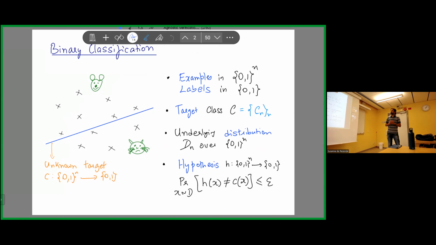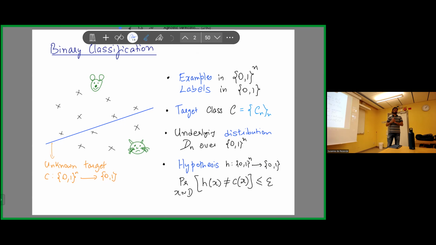And so there is an unknown target. In this case, the target class is the class of hyperplanes, and there is an unknown target which classifies the underlying data set as 0 or 1. Now the learning task is such that you're given examples from some fixed but unknown underlying distribution.